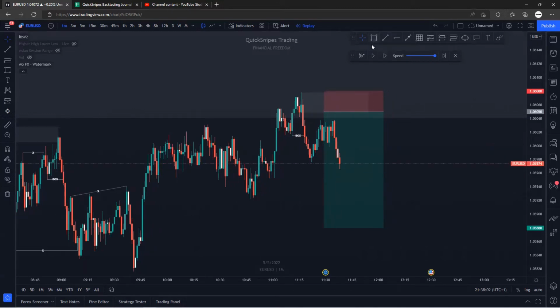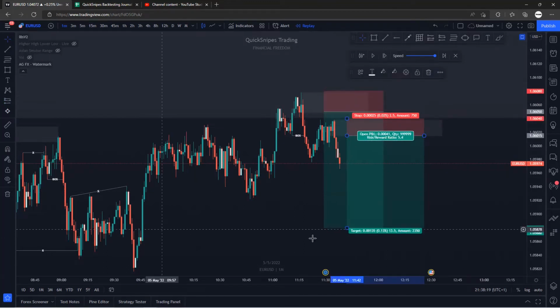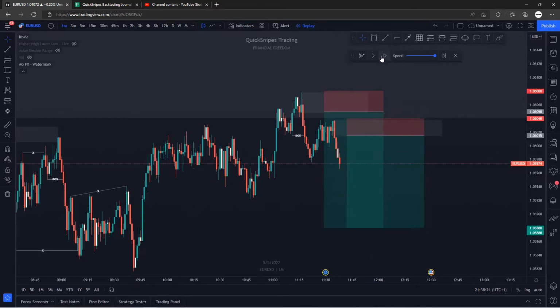Okay, we broke structure. That could mean the move has already started. So I'll just mark that up. I will place a trade should we come here because it could mean the move has already started and that will have the same target. So let's see what enters in.